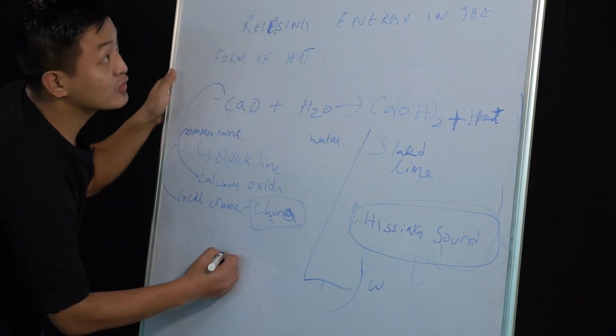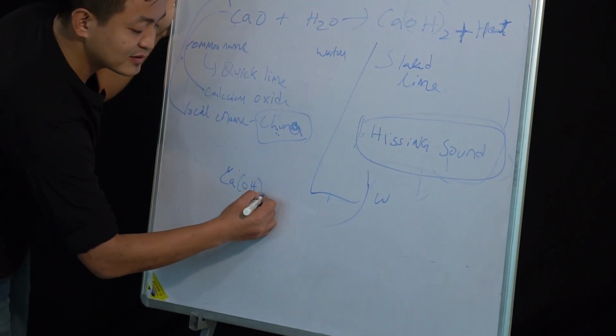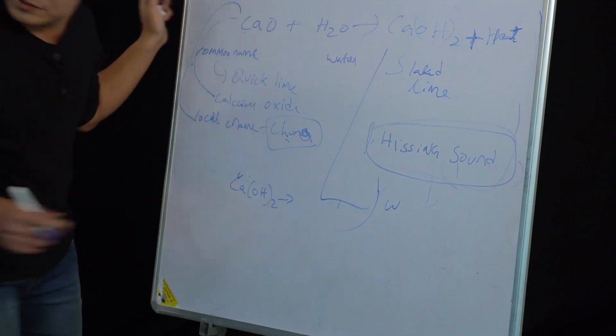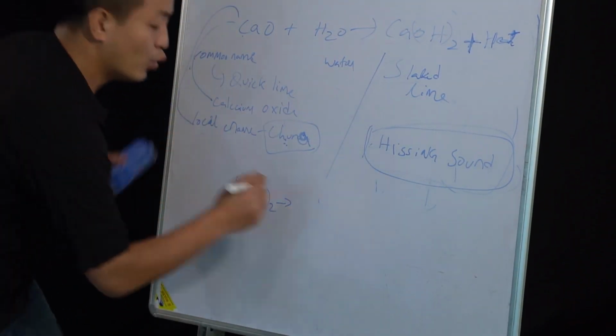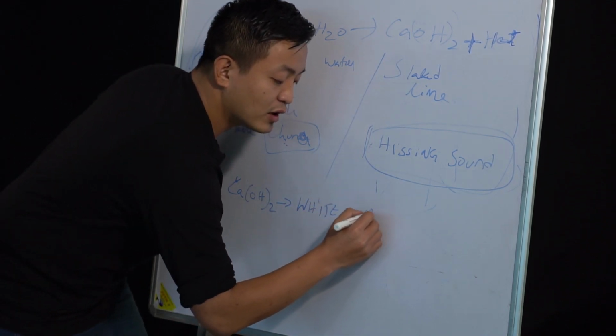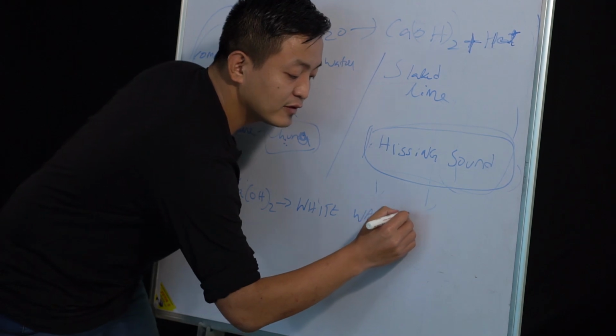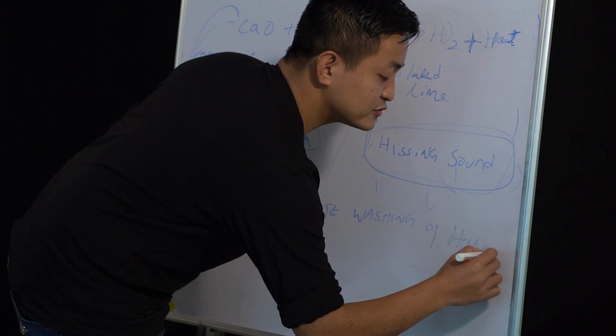Uses: Ca(OH)2 is the slaked lime, and we use this slaked lime in whitewashing of houses. So this is a very important use.